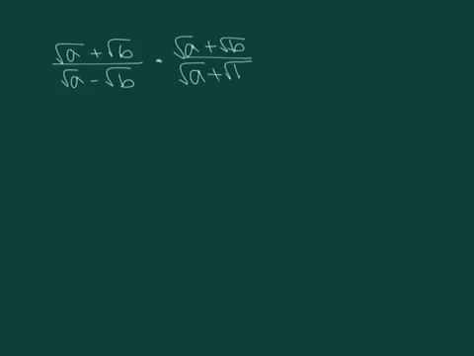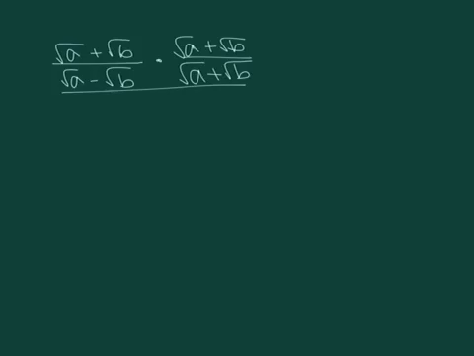So we have square root of a plus the square root of b over square root of a minus the square root of b. So again, we have no numbers here, but the rule always is the same. Times square root of a plus square root of b, the conjugate. Alright, so the easy part now is multiplying the bottom.